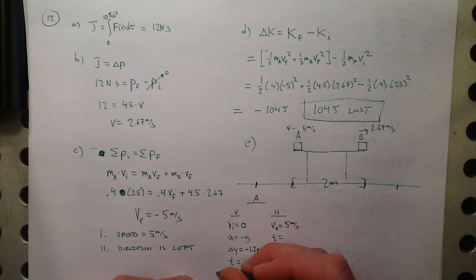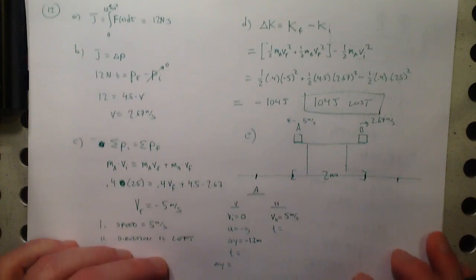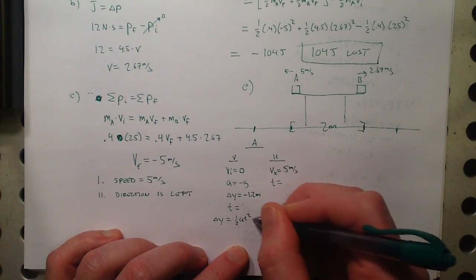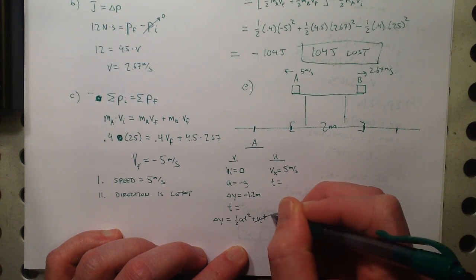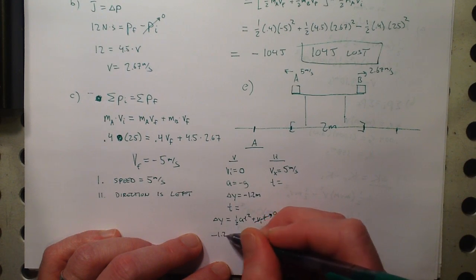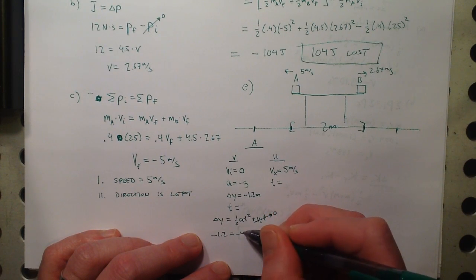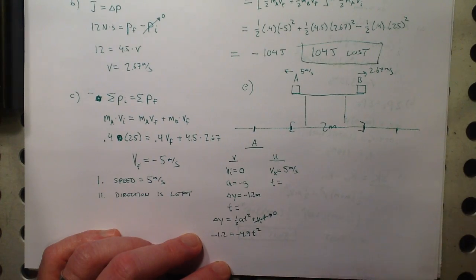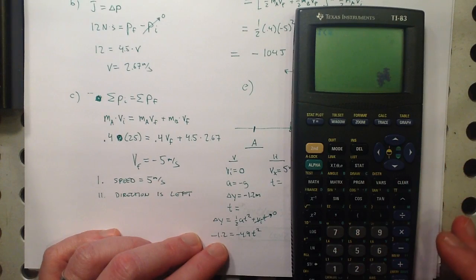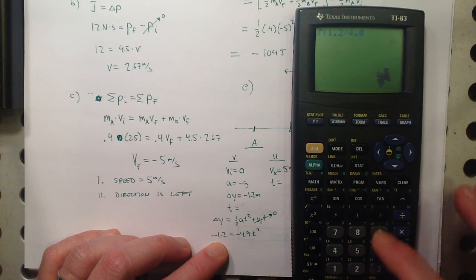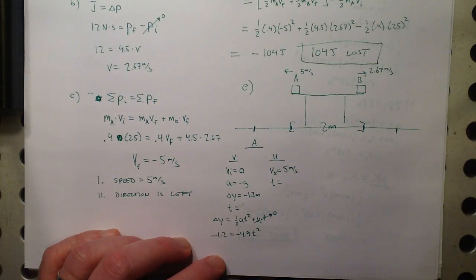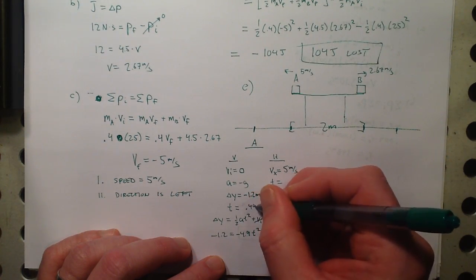So here, our old friend, delta y is equal to 1/2 a t squared plus v_i t. But the v_i t is going to be 0. So delta y is equal to 1/2 a t squared. So I need the square root of 1.2 over 4.9. So that's about 0.495 seconds.